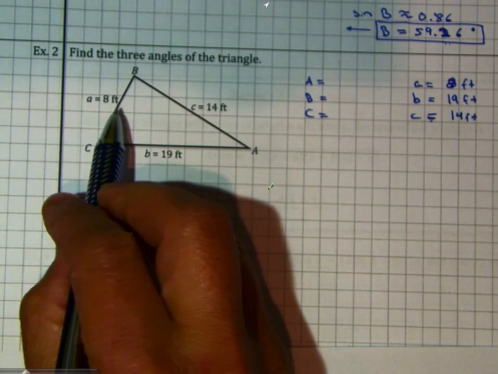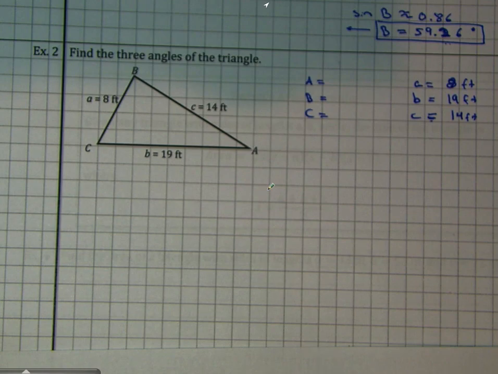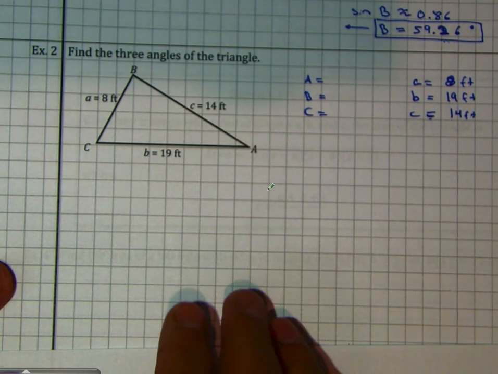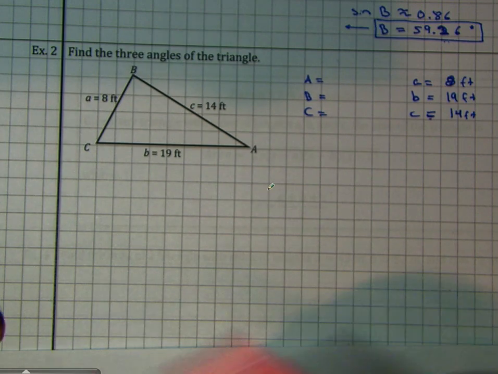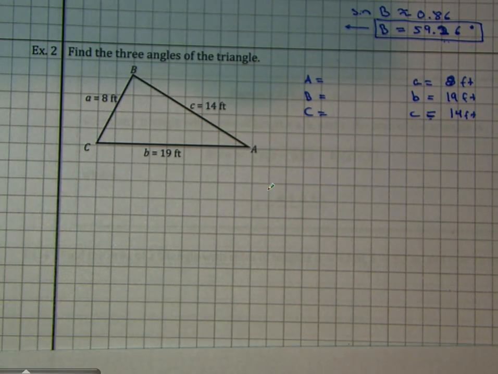So if you are given three sides, you have to use the law of cosines in order to be able to find the missing angle. Now, something that's very key, you don't want to end up with extraneous solutions. Whenever you use the law of sines afterwards, you might end up with an extraneous solution. We might end up with two triangles.